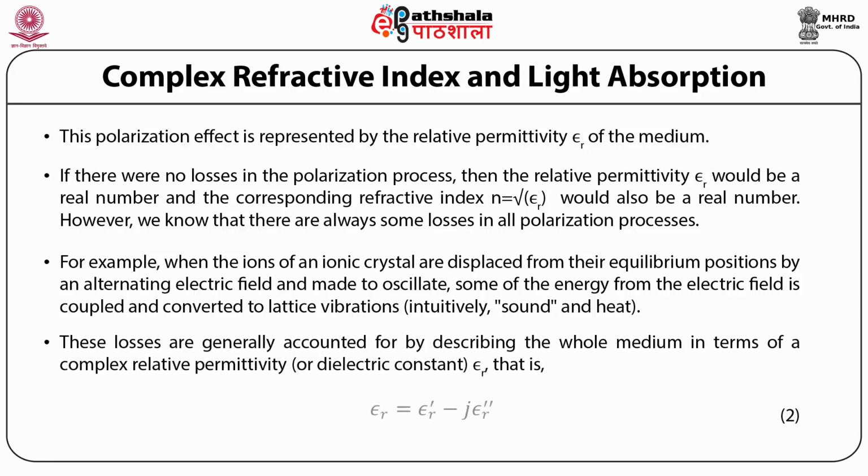These losses are generally accounted for by describing the whole medium in terms of a complex relative permittivity or dielectric constant epsilon r, that is epsilon r equals epsilon r prime minus j epsilon r double prime, where the real part epsilon r prime determines the polarization of the medium with losses ignored and the imaginary part epsilon r double prime describes the losses in the medium.